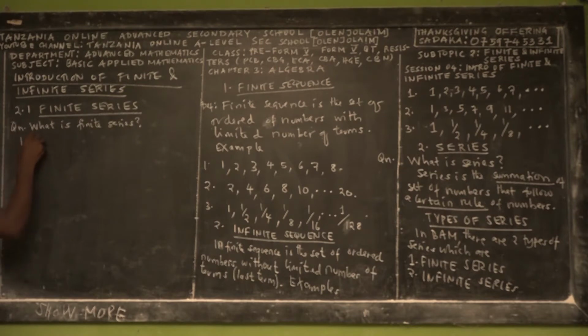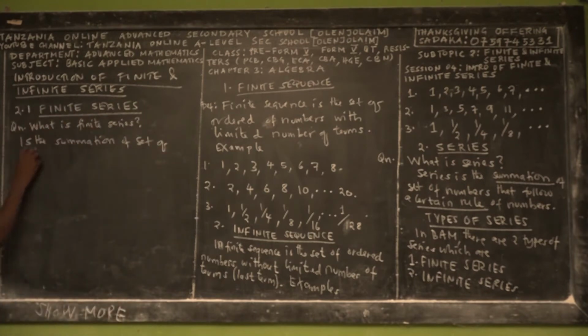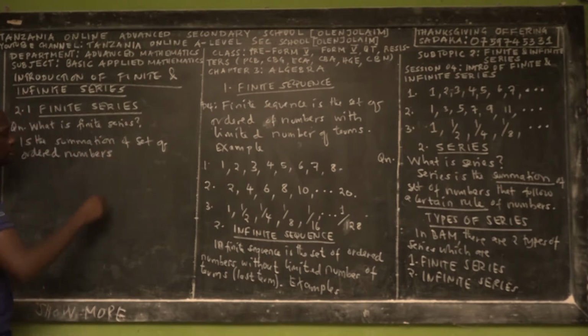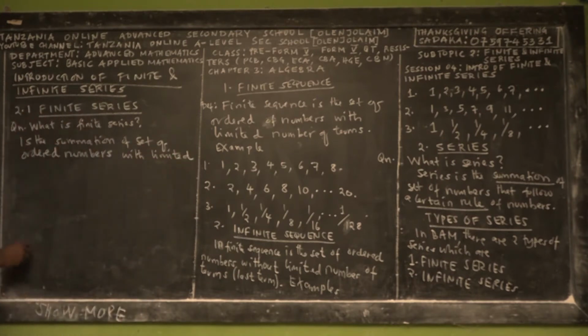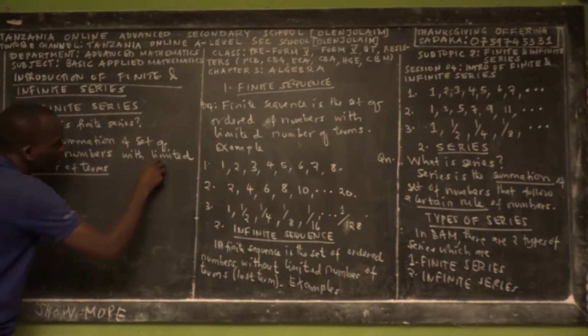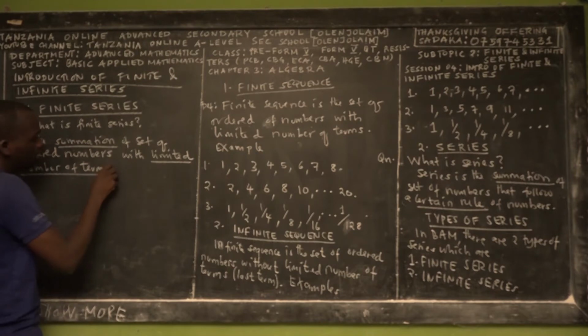Finite series, you say that is a summation of set of ordered numbers with limited number of terms. So it's a summation of set of ordered numbers with limited number of terms.